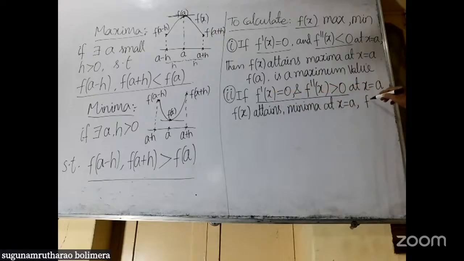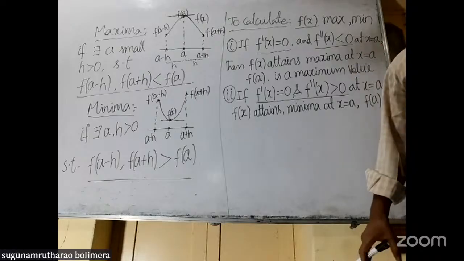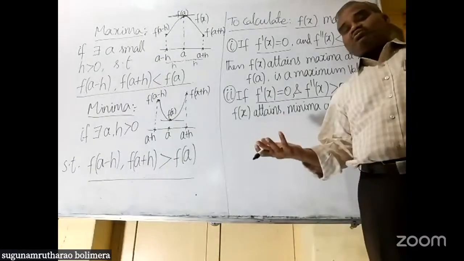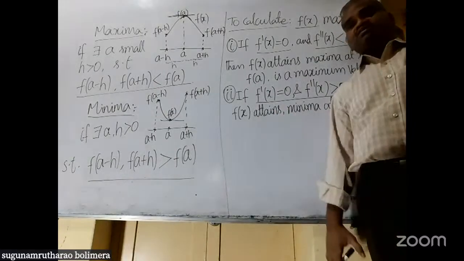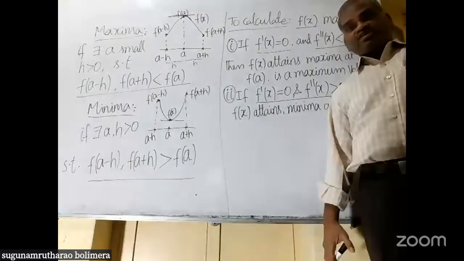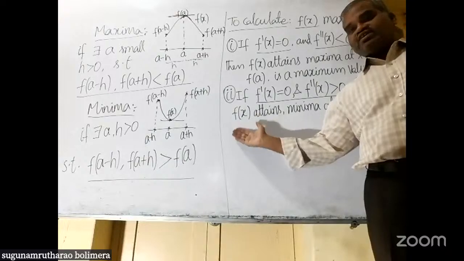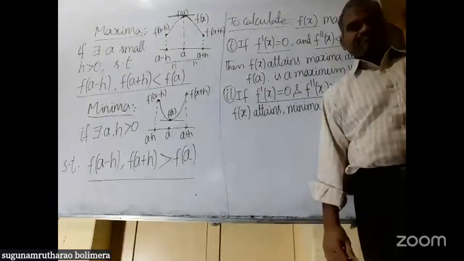And f of a is a minimum value. I'm not saying the minimum, I'm saying a minimum value. Why is it a minimum value? I have so many minimas and so many maximas for any given function. I will explain after writing one more point here.